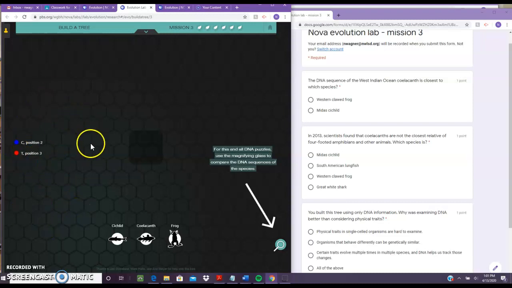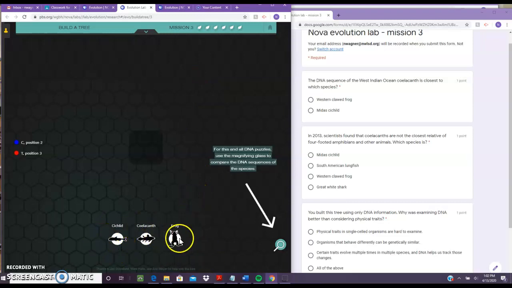Remember, in my DNA, I have A, T, C, and G, right? And positions just correspond to what position in the DNA strand they're at. So remember, if animals have similar DNA patterns, they're most likely related or have a common ancestor.